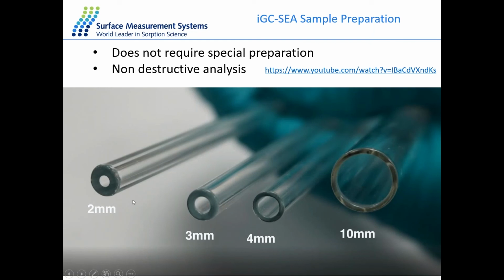The 2 millimeter column is for very fine powders, 3 millimeters for slightly larger powders. 4 millimeter columns we would typically use for maybe strips of fabric or hair or granules. And the 10 millimeter column is to accommodate much larger samples.